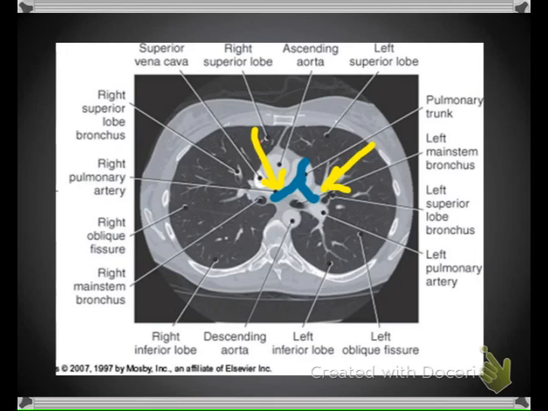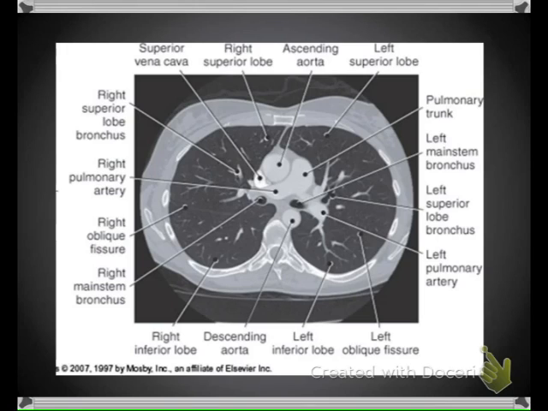And as you will find out, there are many times that we're looking for a pulmonary embolism, or a PE study is performed, and that's where we're actually looking for it, in one of these areas here. So keep that in mind, and we'll review this later and we'll go more in depth.